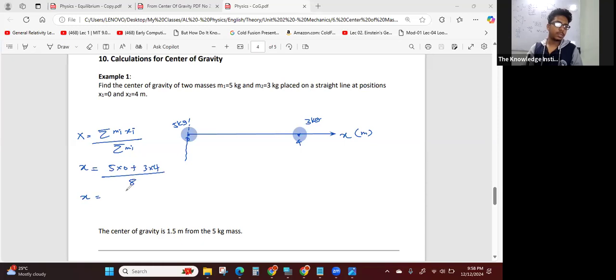So x equals 3 times 4, 12, divided by 8, which is 1.5 meters. So 4 meter here, 2 meter, 1 meter, so half of that here will be the center of mass.